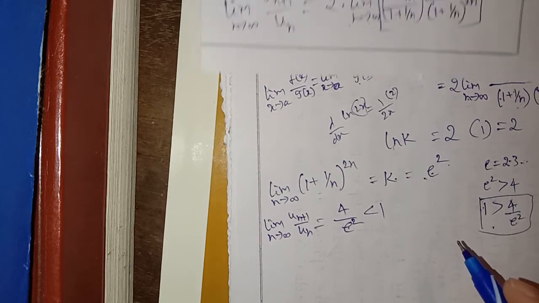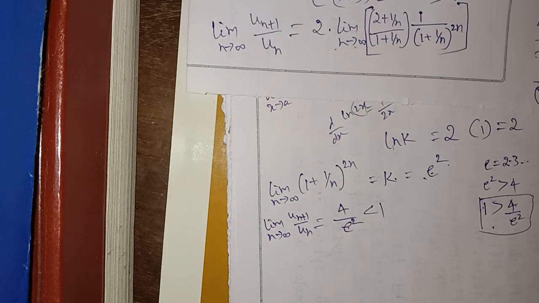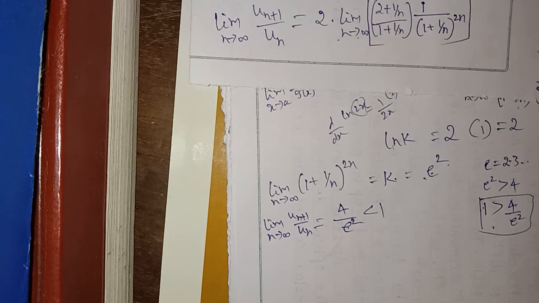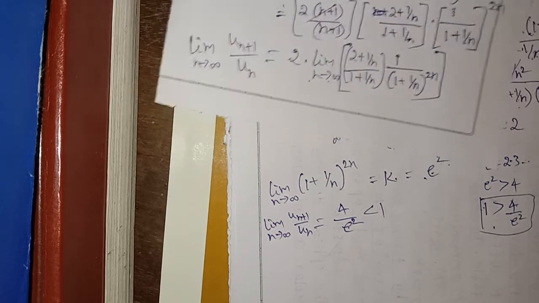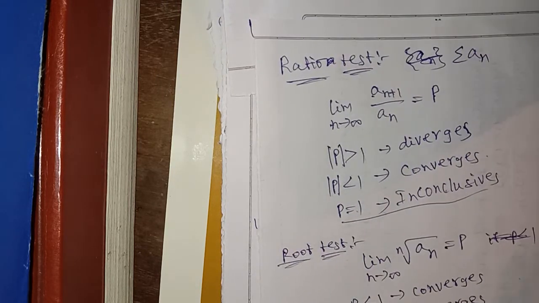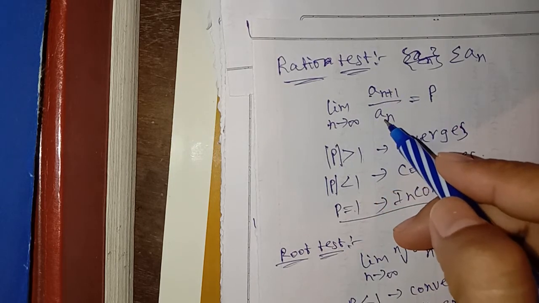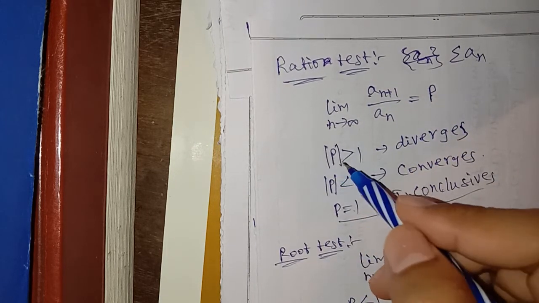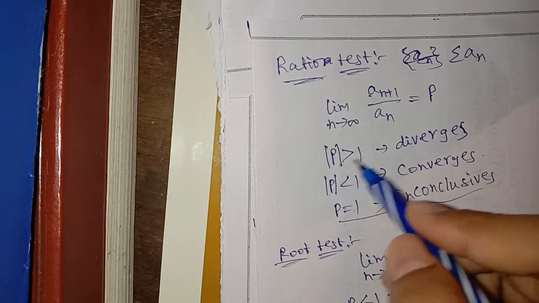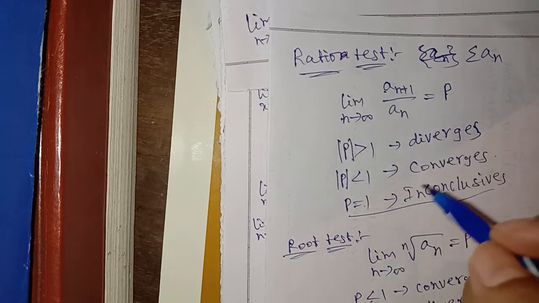So by the ratio test, what is the ratio test? The ratio test says that if the limit of a(n+1) divided by a(n) is equal to p, then if the modulus of p is greater than 1, the series diverges.